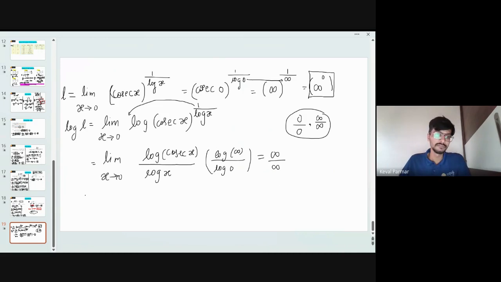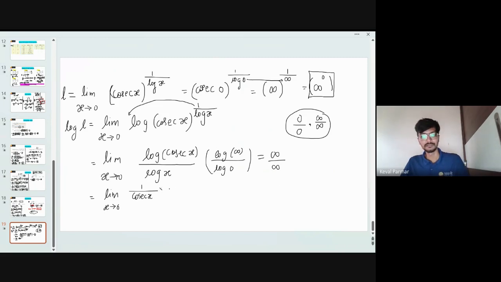So we differentiate numerator and denominator. I hope you know the derivative of log cosec x. I don't think you all know. So the derivative of log cosec x is 1 upon cosec x into minus cosec x cot x, using the chain rule.